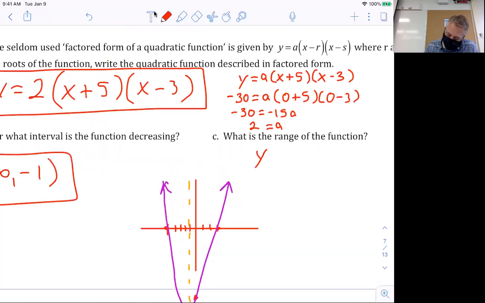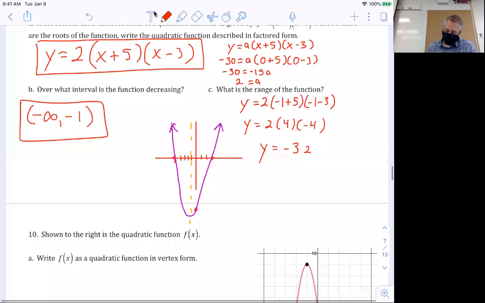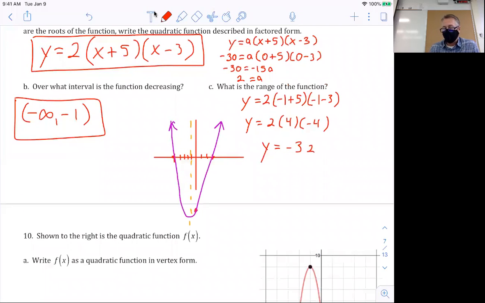So I get y equals 2 times negative 1 squared plus 5 times negative 1 minus 3... which gives negative 32, which means my range is from negative 32 to infinity.